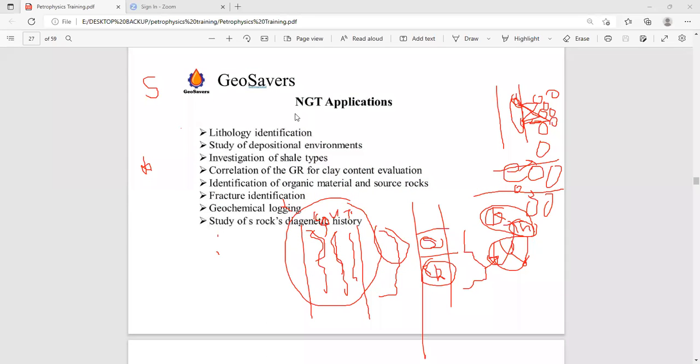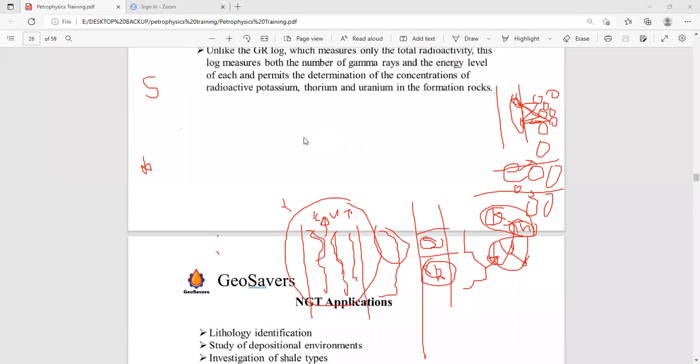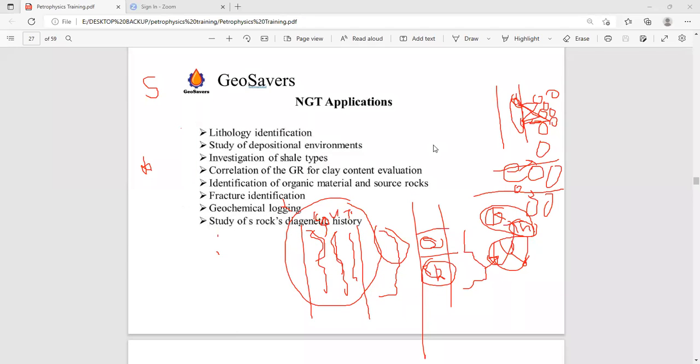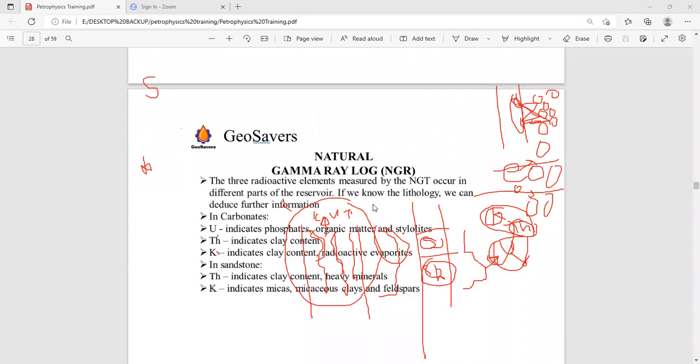All right. So the applications of natural gamma ray spectrometry include lithology identification, study of the depositional environment, investigation of shale types, correlation of gamma ray, and many other aspects. The natural gamma ray log is what we have already explained.